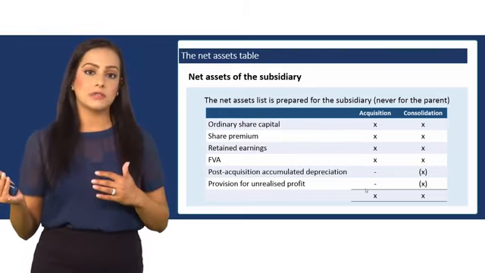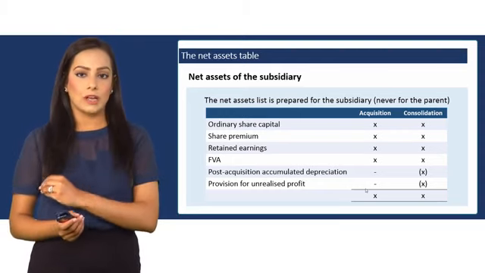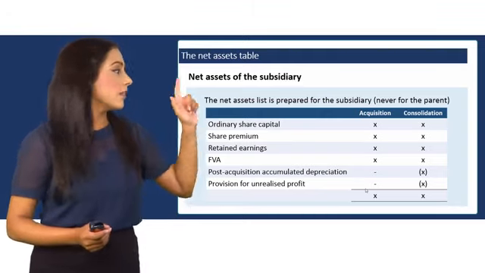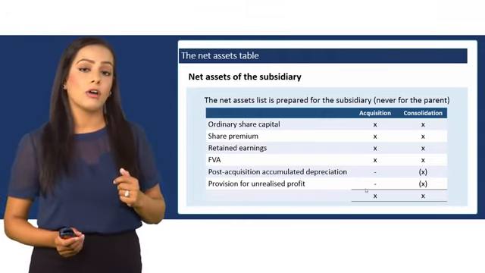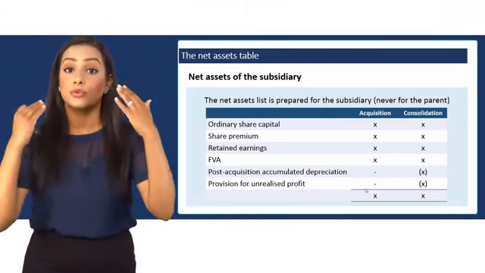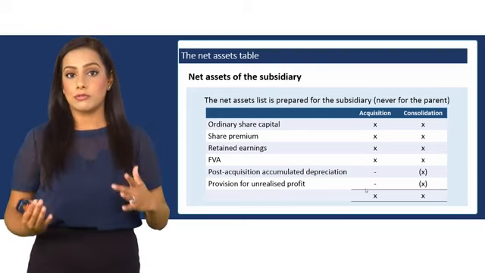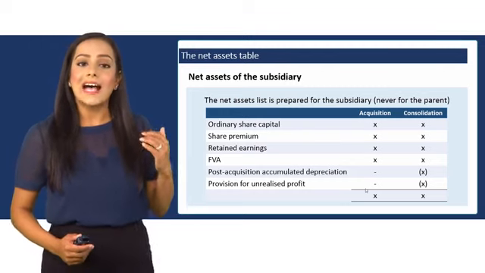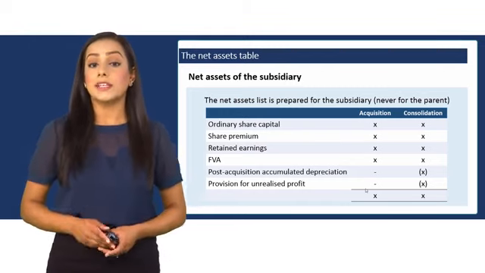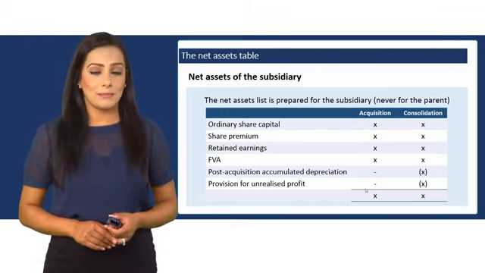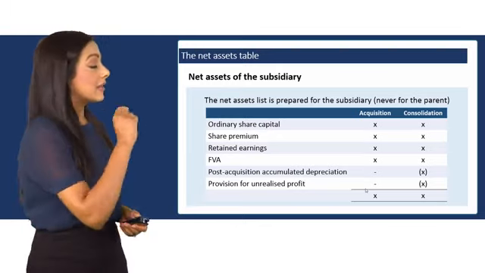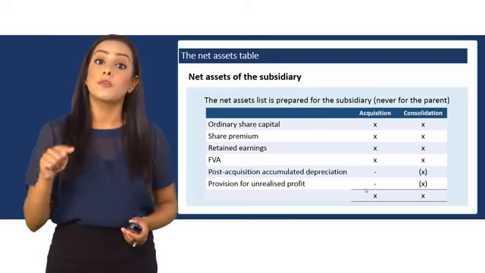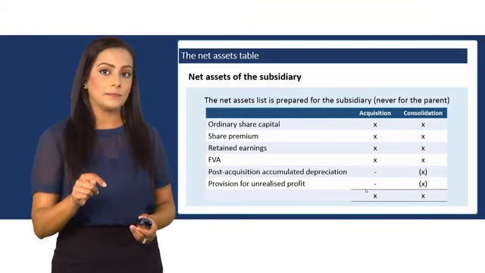There could be further adjustments, for example, the fair value adjustments, which show the movements between the market value of the subsidiary's assets and the net book value of the subsidiary's assets. Wherever the adjustment is, the same figure is put into both columns. The figure could increase the assets or decrease the assets, depending on the scenario. As a result of this adjustment, we could have further depreciation implications, which is shown in the consolidations column only because the depreciation charge is for that year only.